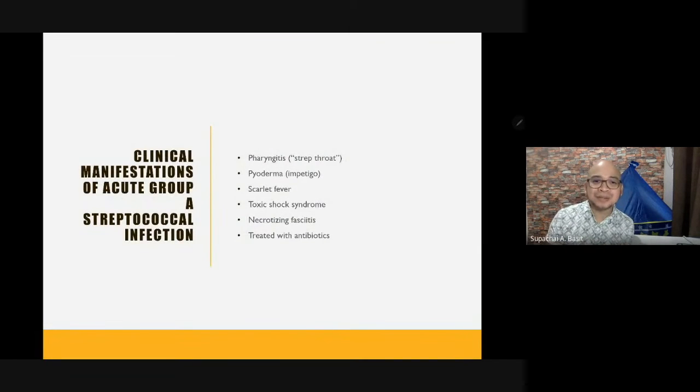So, group A streptococci is the most common etiologic agent of strep throat, sore throat, a bacterial infection of sore throat, pyoderma or impetigo, scarlet fever, toxic shock syndrome, necrotizing fasciitis, and it is usually treated with antibiotics.